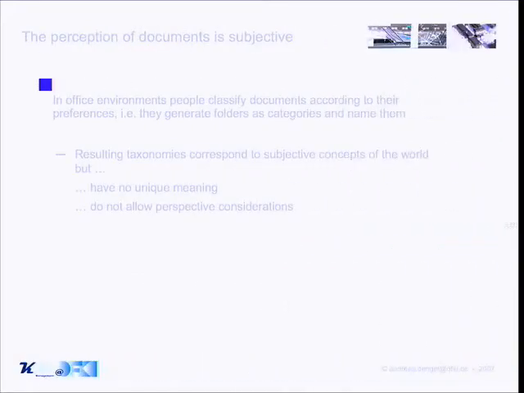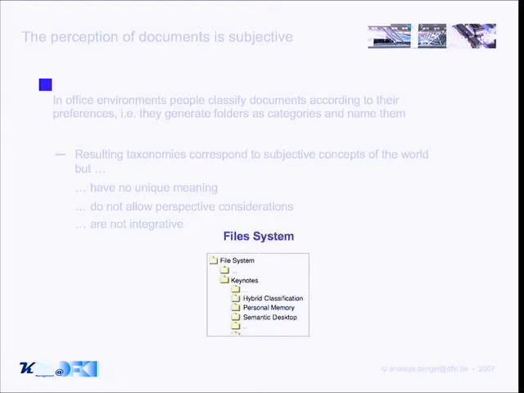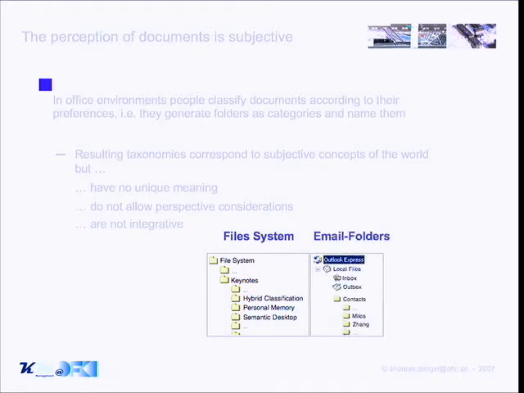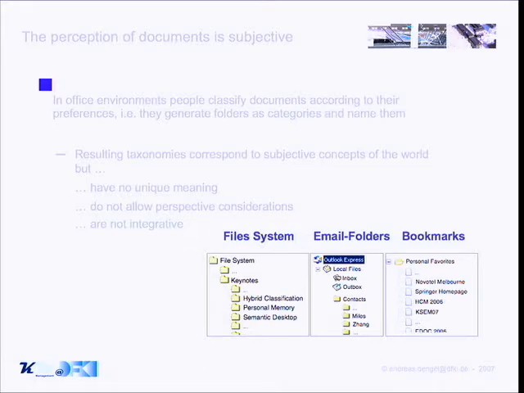Moreover, there is a third problem: today we have no integrative view of information. We have the file system on one hand, where we have these folders, we have our email folders on the other, and we have bookmarks, we have our archive system, another one, and whatever. So in here, there are collections of information which have, in my mind, a lot to do with each other.